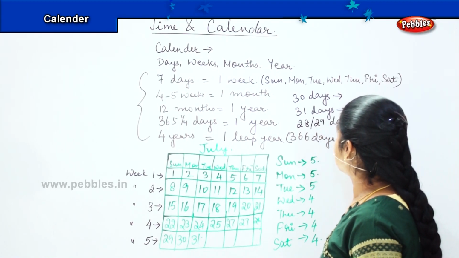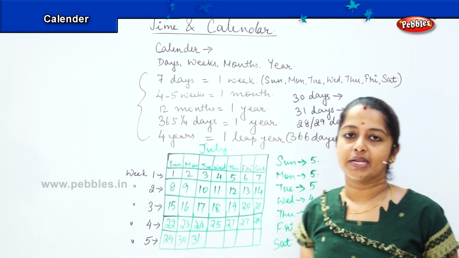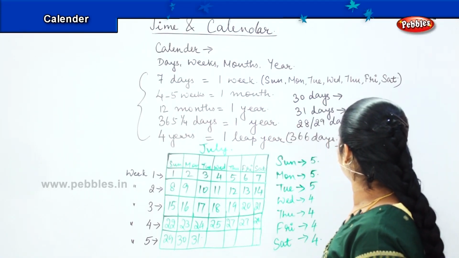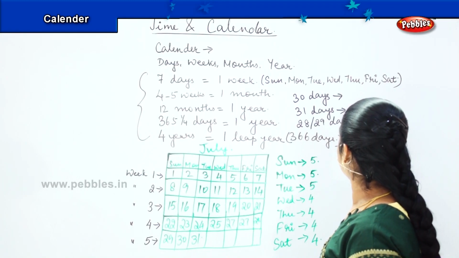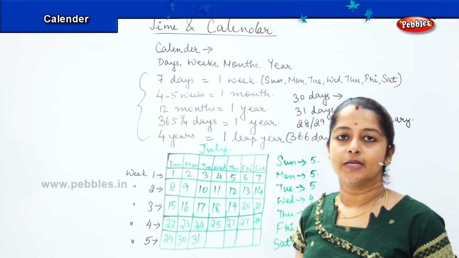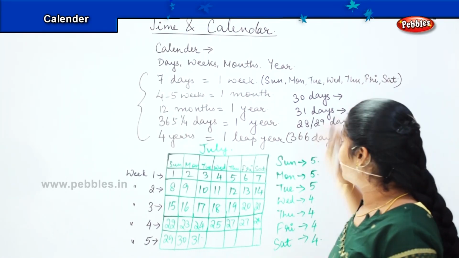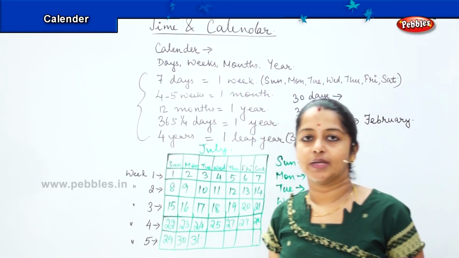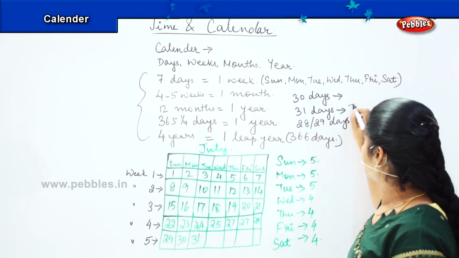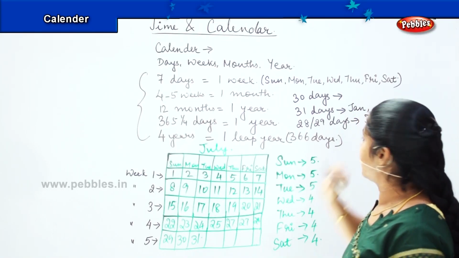So can you tell me which is the month which has 28 or 29 days? Good. It is the month of February. So February is the month which has 28 or 29 days. So how many months have 30 days? Can we calculate? January? No, it has 31 days. So we will write it in the column of January.